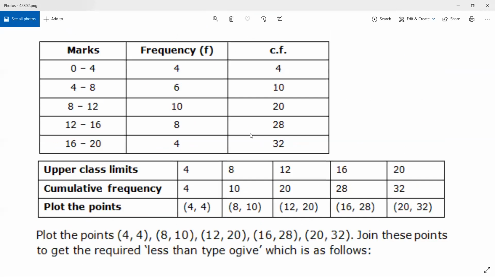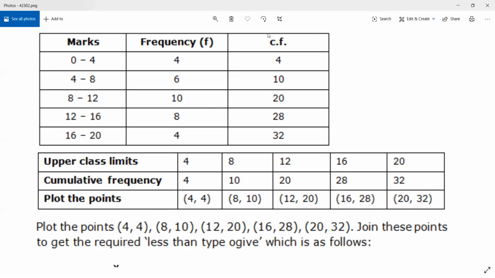For now forget about the CF, just look at marks and frequency. Let's suppose out of 20 marks, you ask how many people got 0 to 4 marks, 4 to 8 marks, 8 to 12 marks. This is a continuous pattern, 12 to 16 and 16 to 20. So from that you are able to get a particular frequency chart, right?